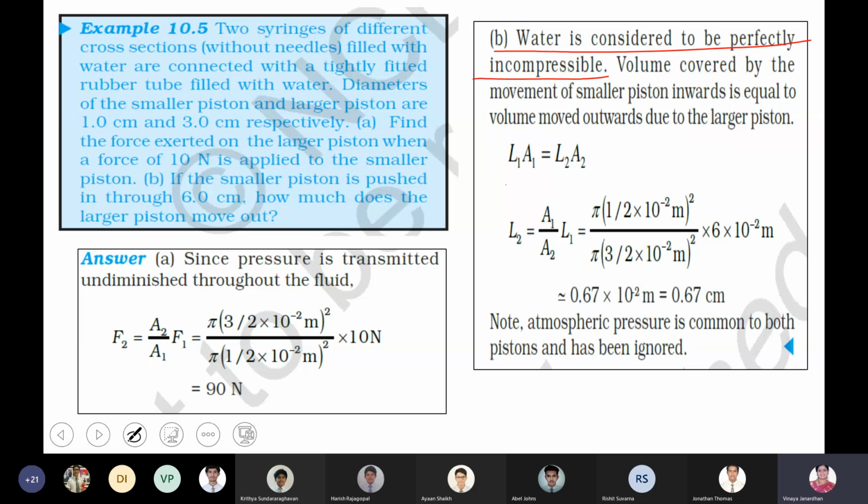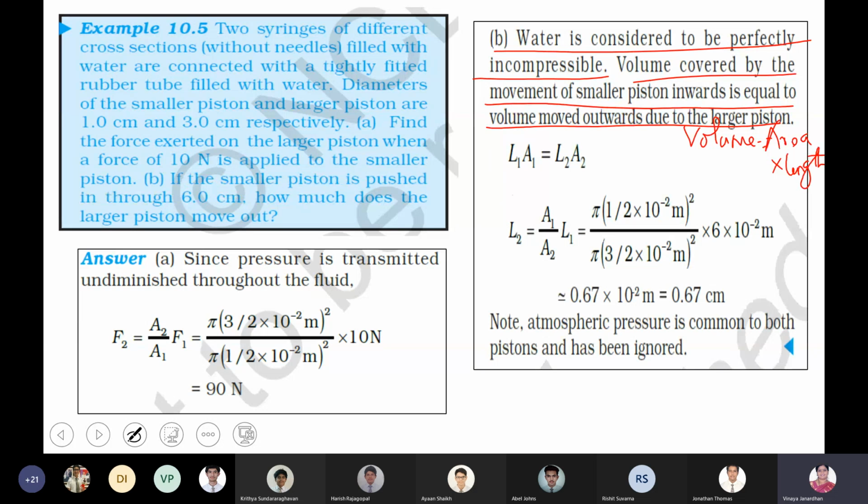So if one goes down, to the same extent the other one will move up. So the volume covered by the movement of the smaller piston inward is equal to the volume covered outwards by the larger piston. What is generally volume? It is area into height or area into length. Volume is area into length.